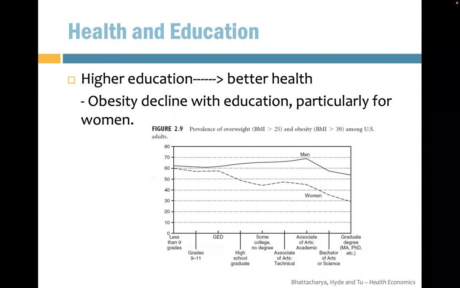In women, the prevalence of overweight and obesity decreases, whereas in men, it actually increases all the way to associates, and then starts decreasing from associates to bachelor's to graduate degrees.